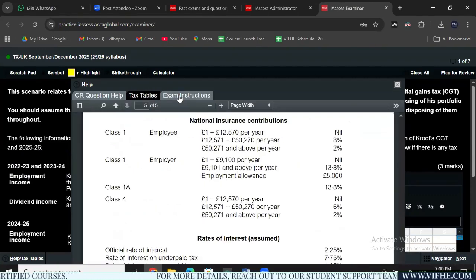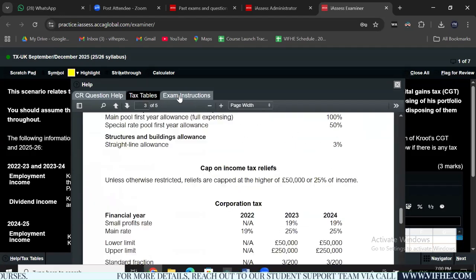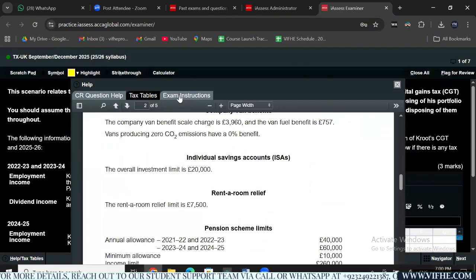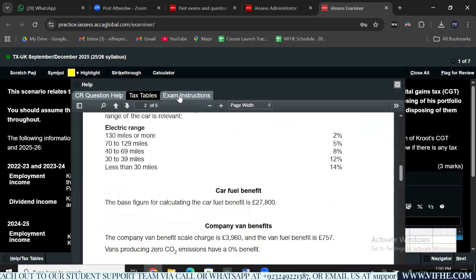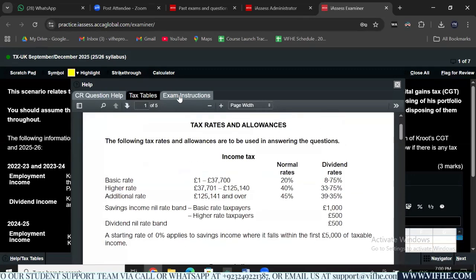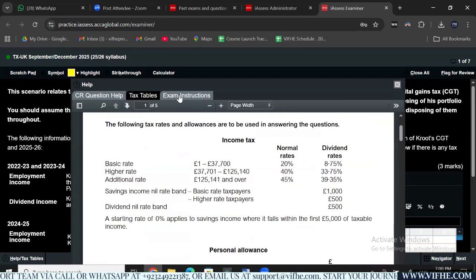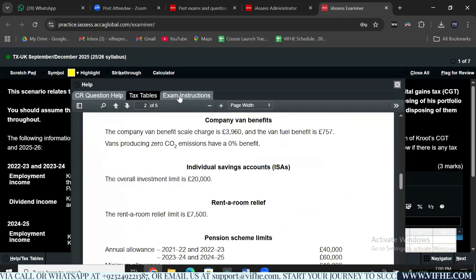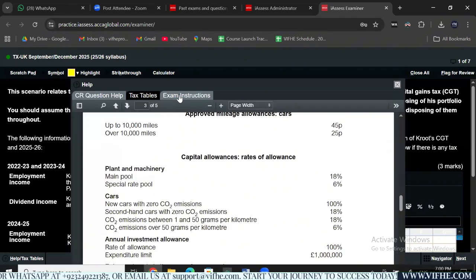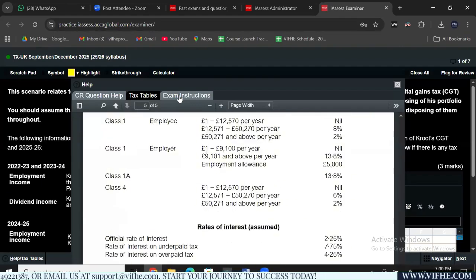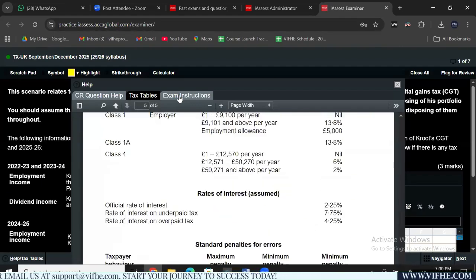And this is the TX table. I hope you people know that there is a table related to certain percentages and rules with respect to the taxation syllabus. This must be useful for you people in order to deal with certain concepts. So this is the tax table that will be provided to you in order to aid you with respect to certain rates and percentages.